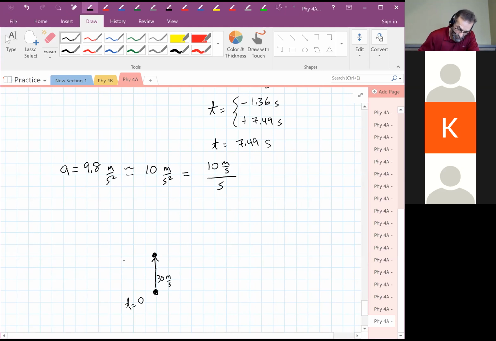So this is 1. It would be going 20 meters per second, right? Because the acceleration of gravity is 10 meters per second every second. Because the ball is going up and gravity is pulling down, the ball is slowing down, right?